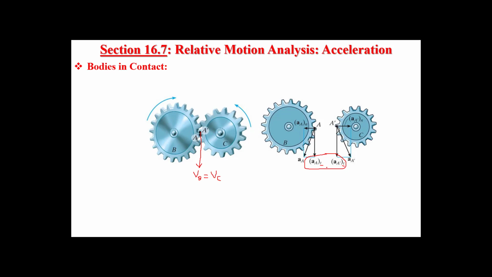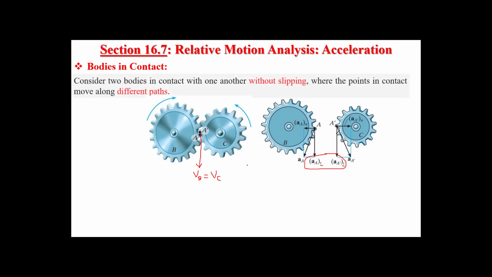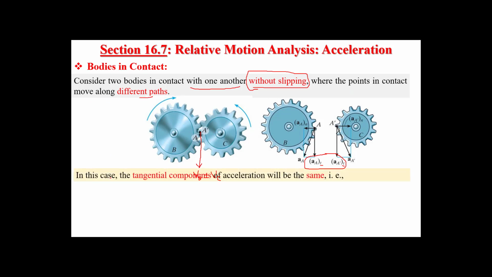So we can say that if there are bodies in contact, consider two bodies in contact with one another without slipping. This is the most important thing, where the points in contact move along different paths.